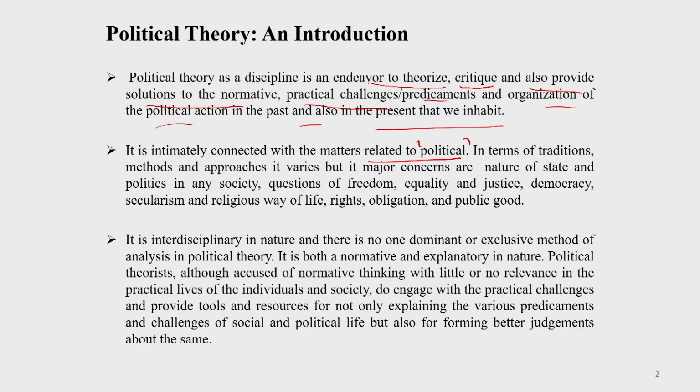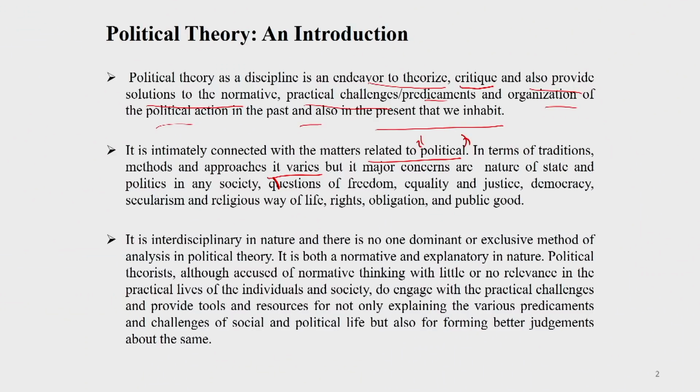However, in terms of traditions, methods and approaches, it varies. As I was saying, the subject of study in political theory is matters related to politics, which is itself a very dynamic, complex and multi-layered phenomenon which cuts across different spheres of our individual and collective life.